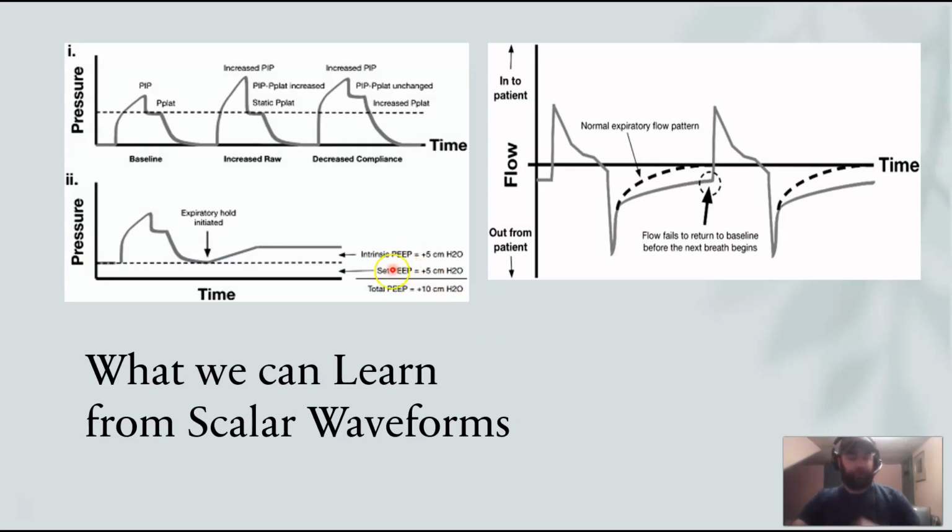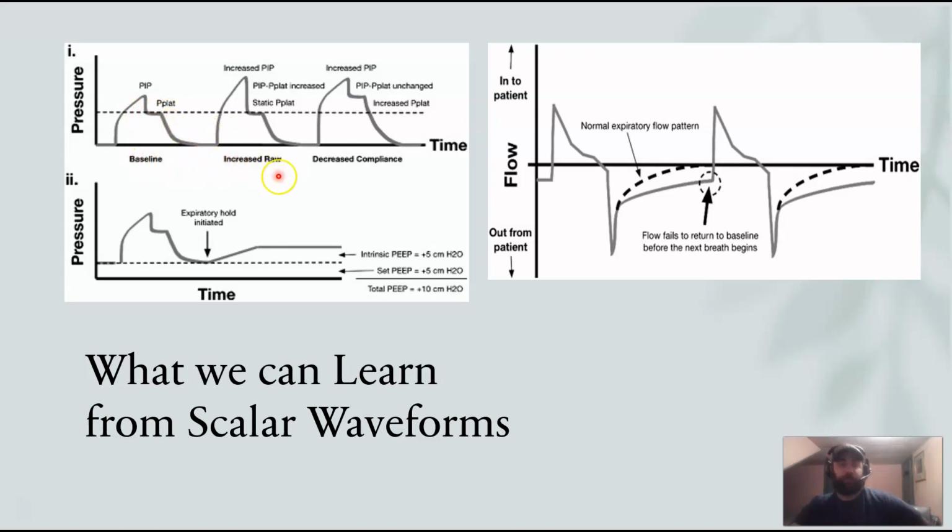So what can we learn from scalar waveforms? So this is kind of like your normal pressure waveform here. You have your PIP, which is this peak right here, that's your peak inspiratory pressure. And then when your waveform flattens out, that is your plateau pressure here, and that's your expiratory phase.